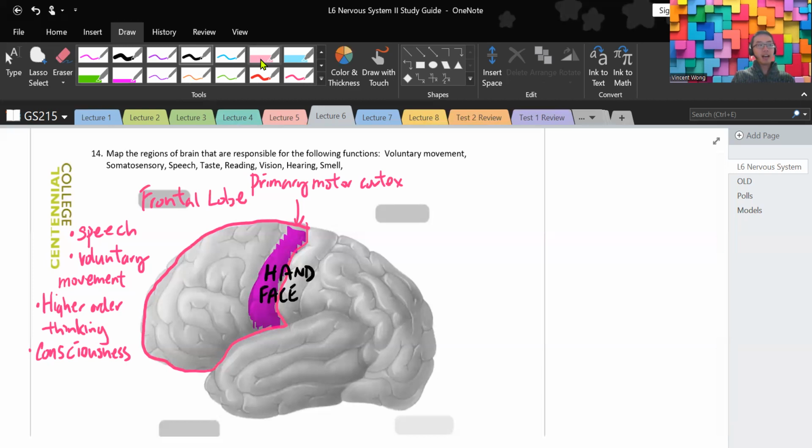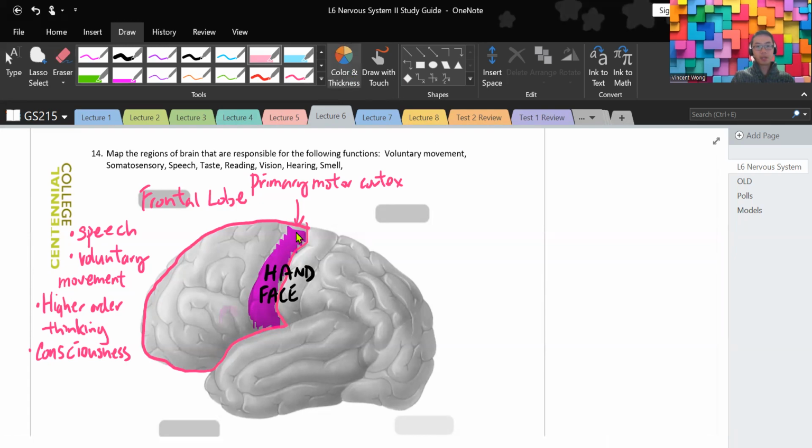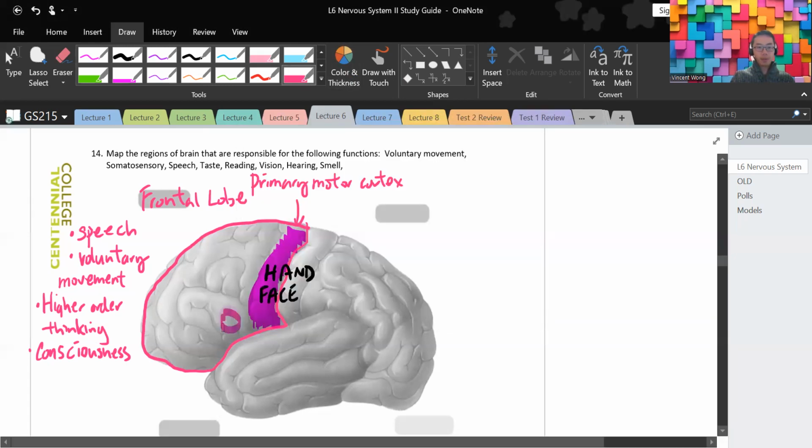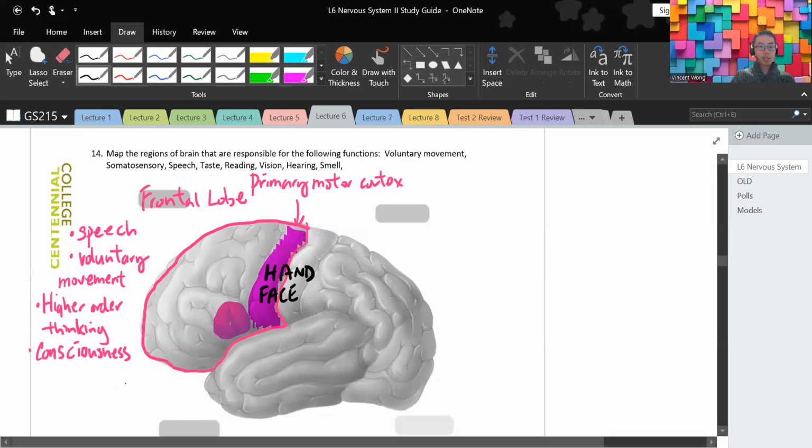Now on the left part of the brain, there is going to be another area right here, which is currently not showing up. But there we go. That area is called Broca's area.